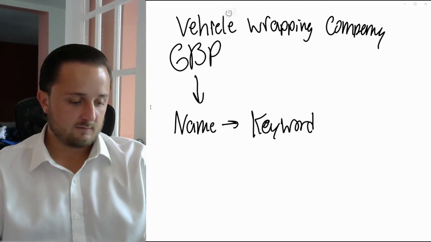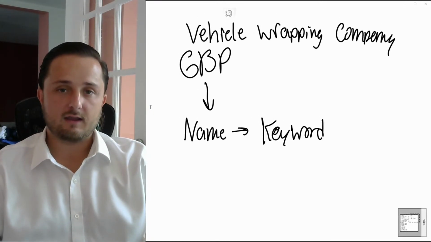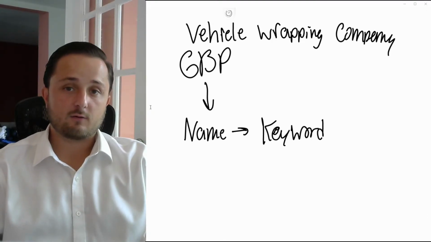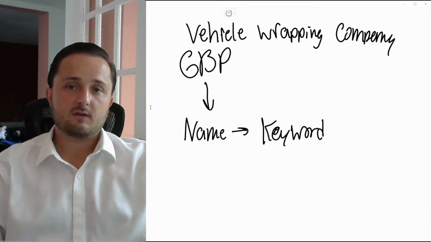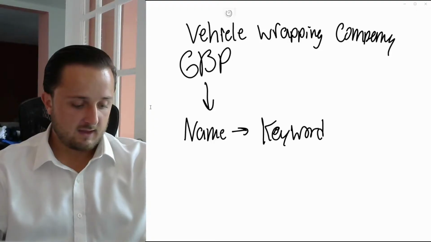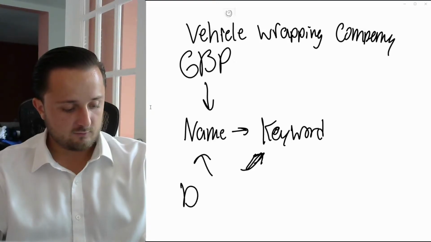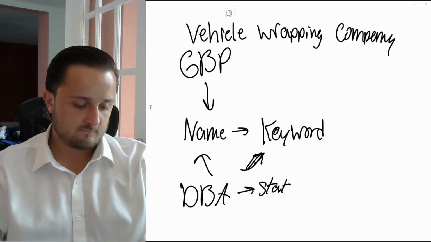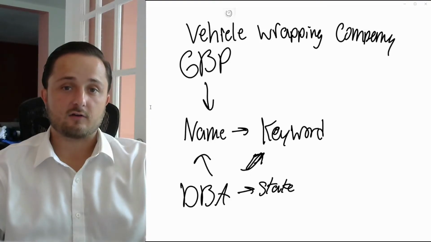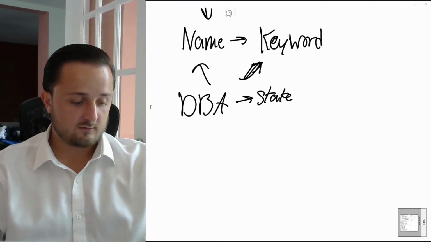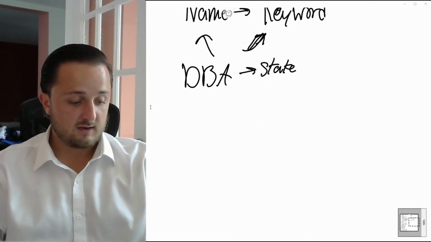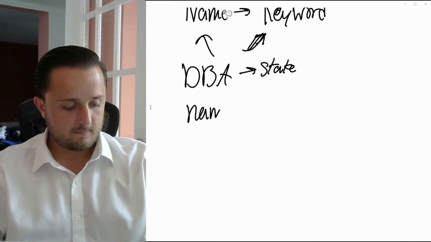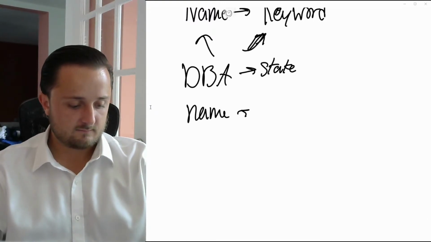Now, let's say I formed my LLC or I incorporated, what have you, and I don't currently have a keyword in the name of my business. What I will do is file a DBA, a doing business as, with the state so that I can start operating under a name that has a keyword in it.